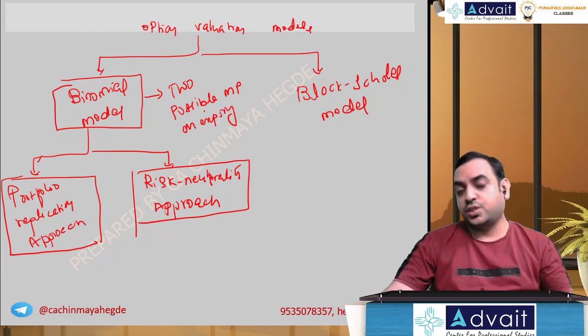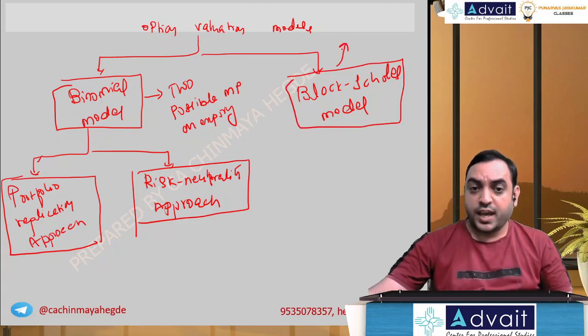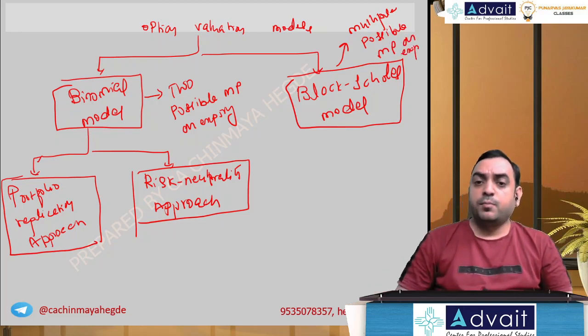That's a basic assumption. But practically that's not the case. So we have a statistical model, the Black-Scholes model, where we have multiple possible market prices on expiry.